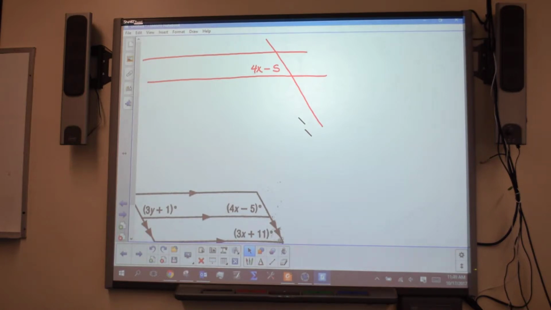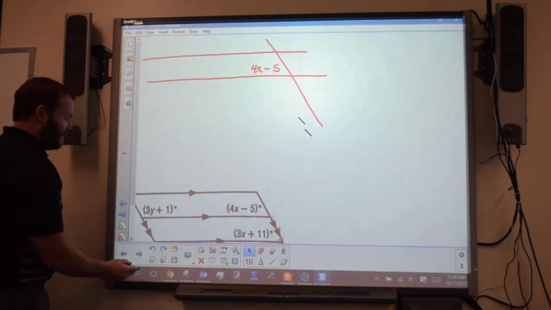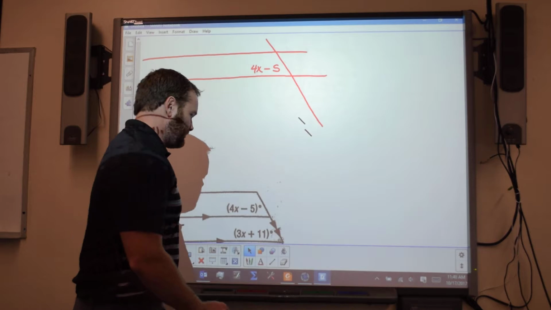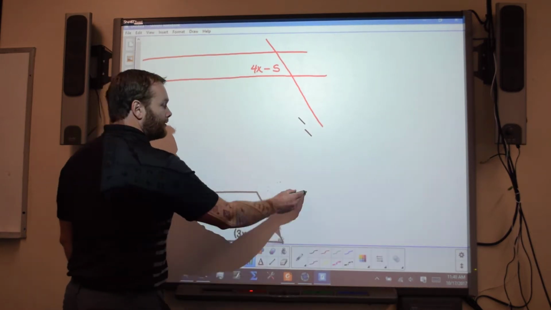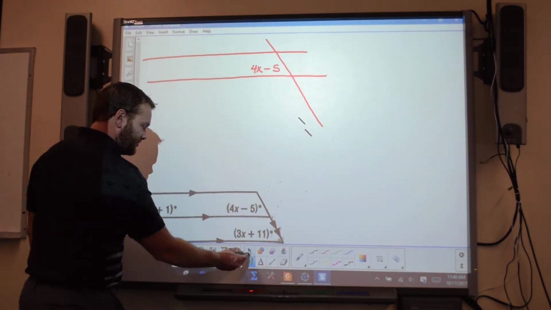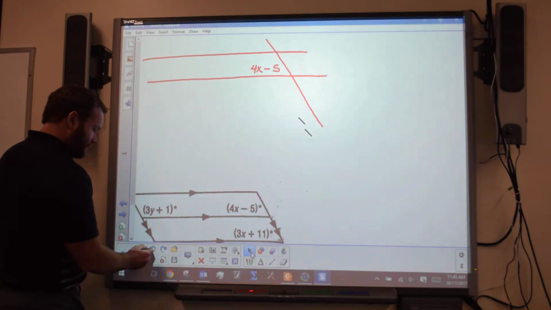Does that kind of make sense? So I need another angle to make a conclusion, right? So maybe those two parallel lines weren't the best to look at. And this thing's providing me issues again. There we go.